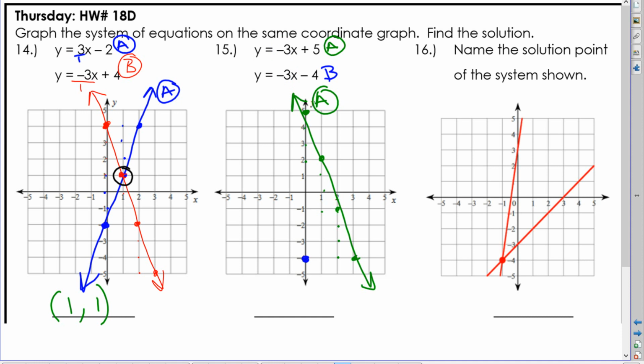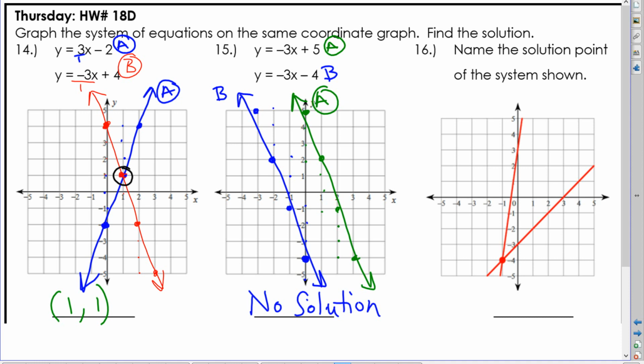So if I have a y-intercept of negative 4 here, and I have to go down 3 over 1, but I don't have enough graph space, then I'm going to reverse that. Instead of going down, right, I'm going to go up 3, left 1, up 3, left 1, up 3, and left 1. And you'll notice that my two lines are parallel, which means they do not intersect. They are never going to touch, so there's no point in which they have in common.